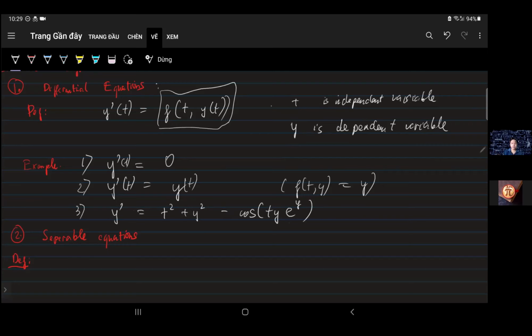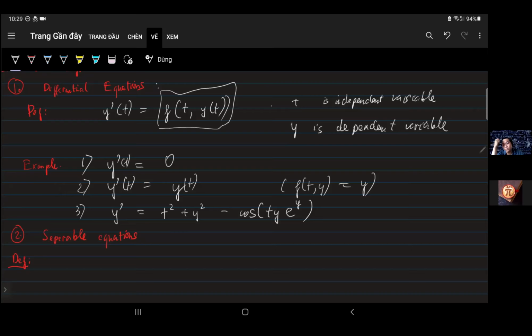So you can see we have a bunch of differential equations. They can be nonlinear or linear, and we have different names for them. This one in particular is just first order. Why do we call it first order? Because we take derivatives one time.